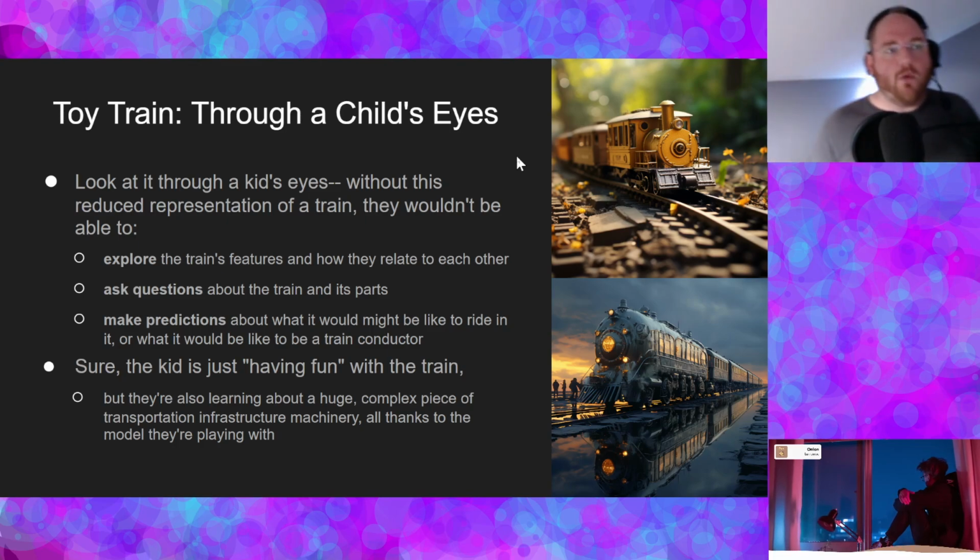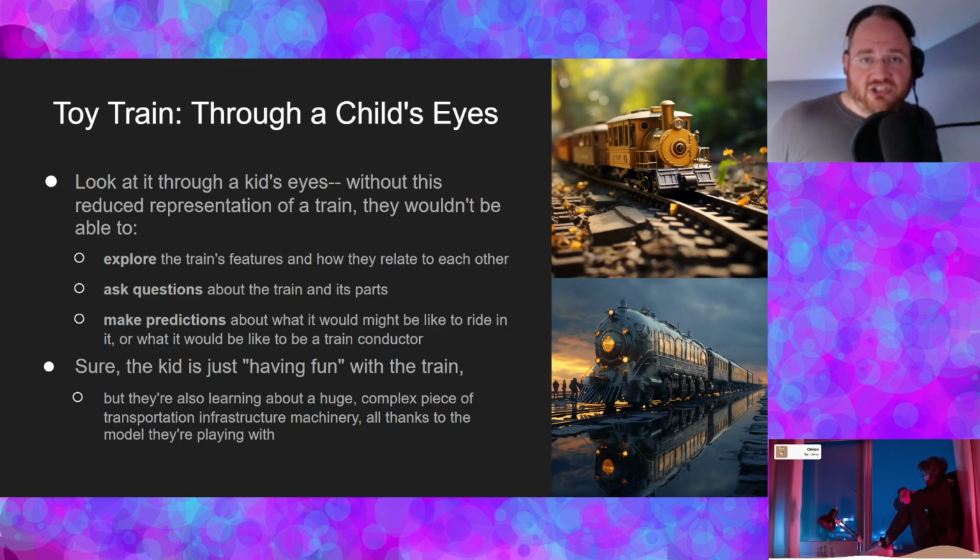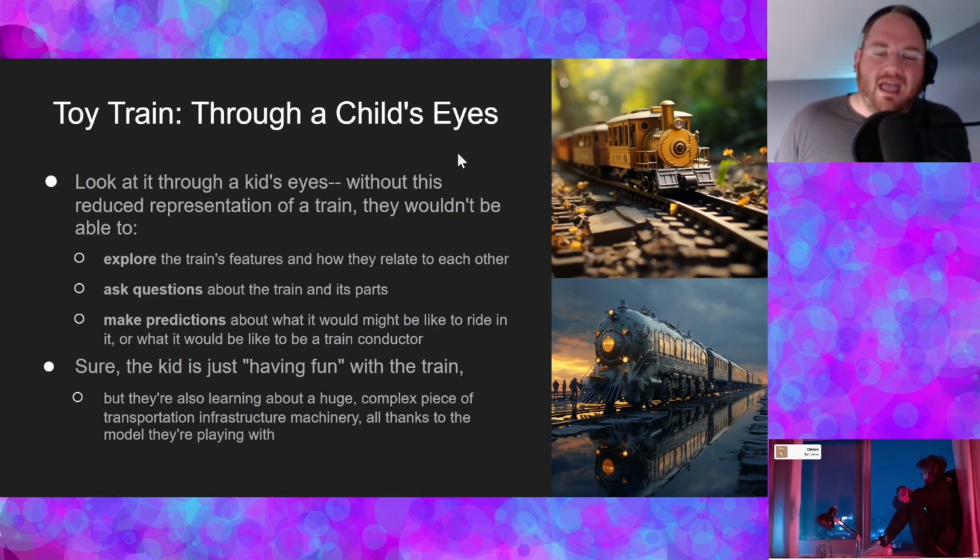They would have to go and see a real train to do that, which is fine. That's cool for the kid if they're into trains, but they wouldn't be able to do it in an environment that's accessible and wieldy to them. I mean, they're little. They sit on the floor, right? And they also wouldn't be able to make predictions about what it would be like to ride in that train, or what it might be like to be a train conductor, or any other mode of play that they're going to adopt, right?